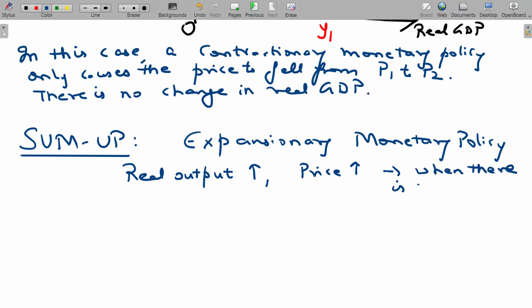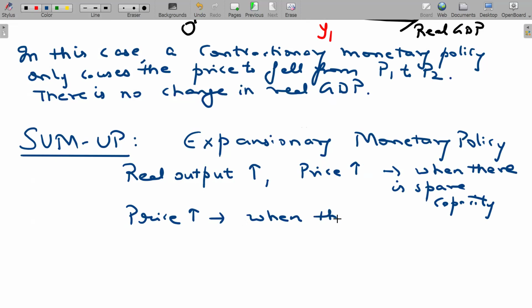And it will only cause the prices to rise when there is no spare capacity.